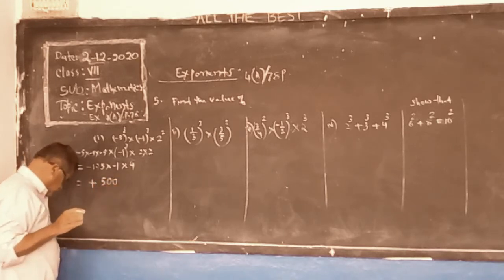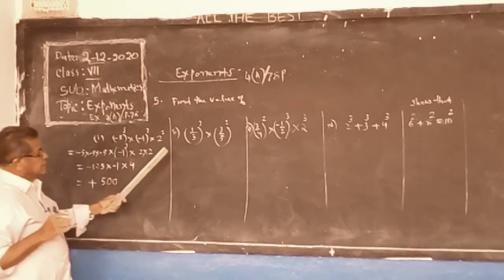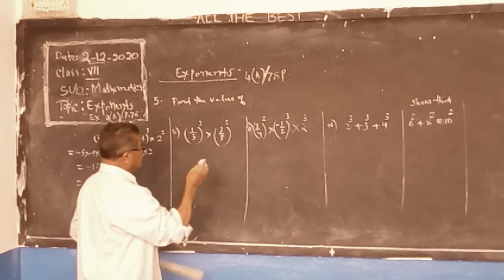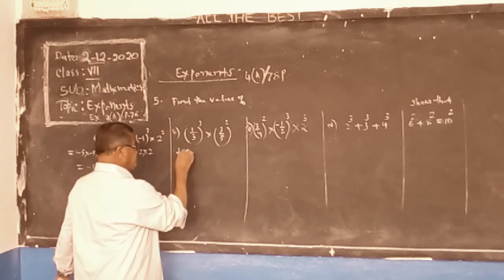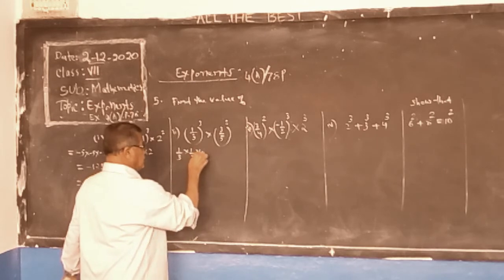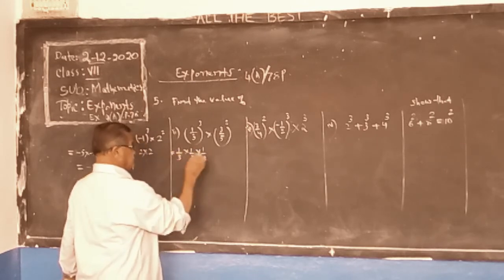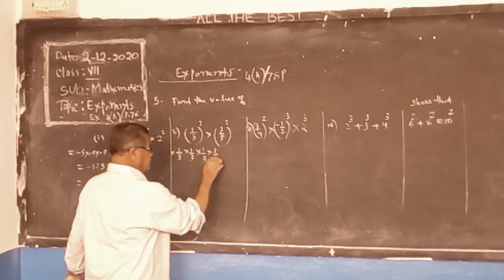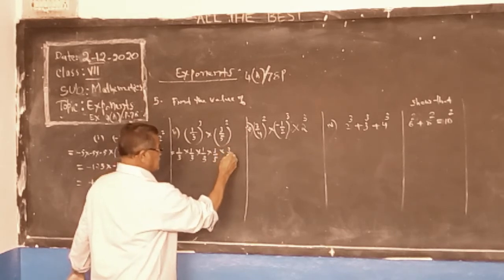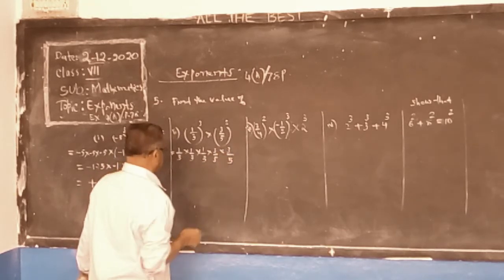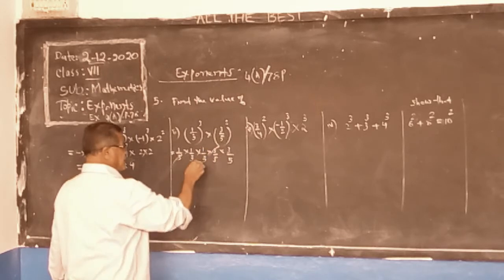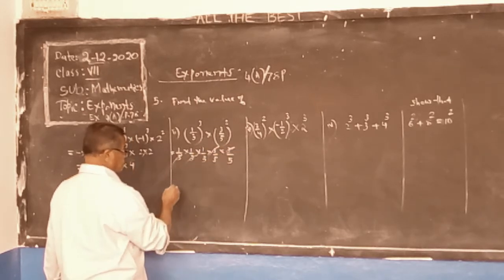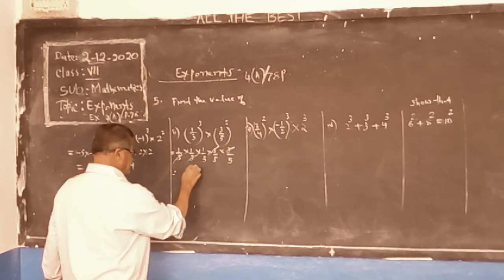First one. And second one, 1 by 3 into 1 by 3 into 1 by 3 into 3 by 5 into 3 by 5, 2 times. Here 3 cancel, 3 cancel. Only one left in the numerator.